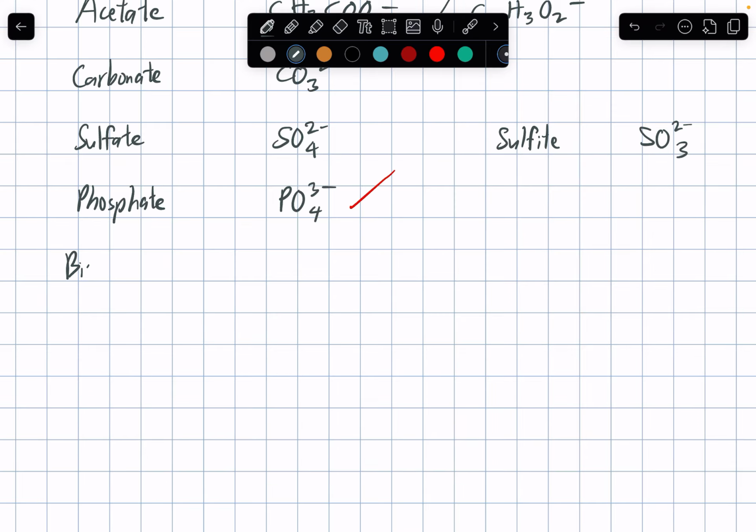How about bicarbonate, or in other words, hydrogen carbonate? So we have HCO3 minus. After bicarbonate, we have nitrite. Nitrite is NO2 minus. We have nitrate, NO3 minus.